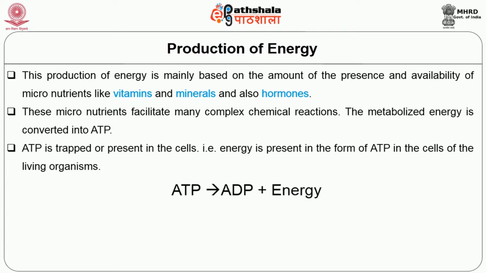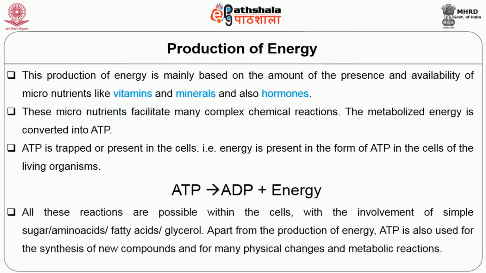When energy is needed, ATP is broken down and releases energy. Then ATP turns into ADP. ADP produces ATP with the release of energy. All these reactions are possible within the cell with the involvement of simple sugars, amino acids, fatty acids and glycerol.